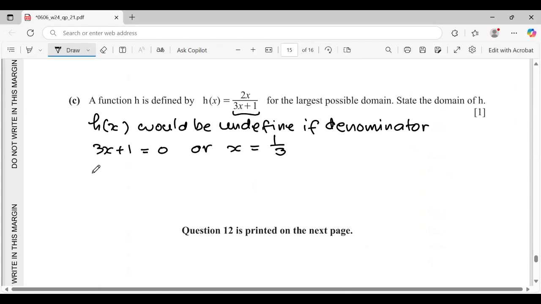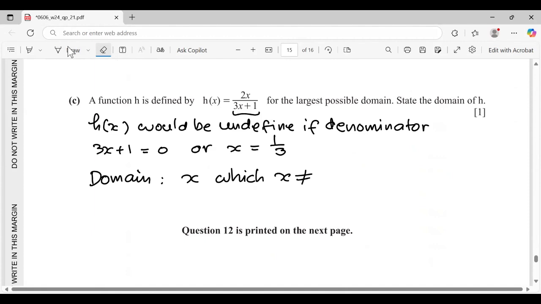So the domain of h is x, which x not equal 1/3. Yeah, correct. Why?